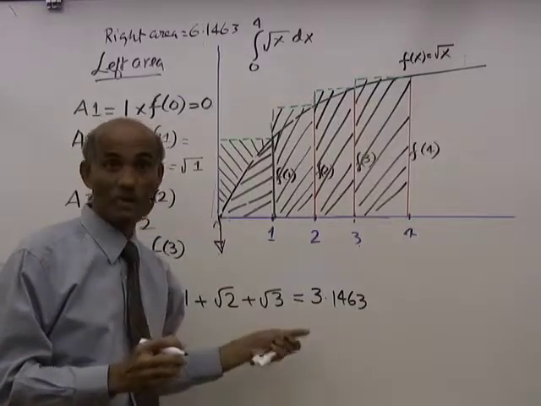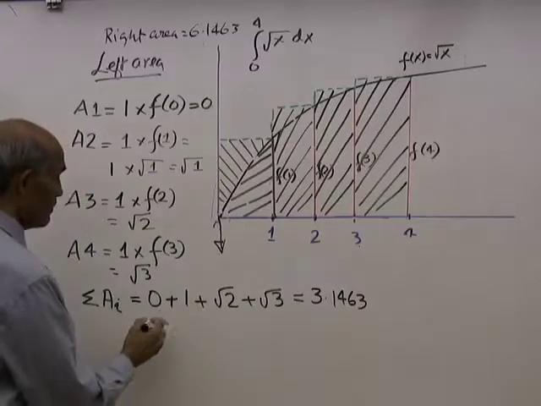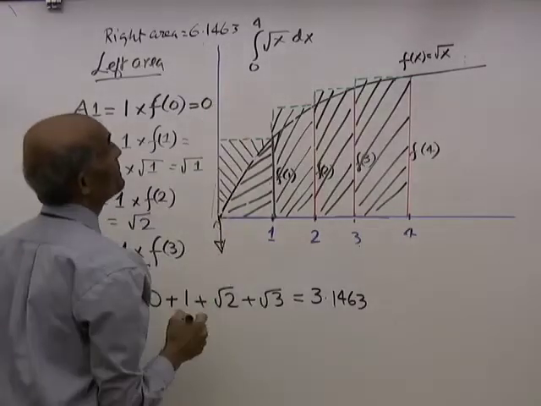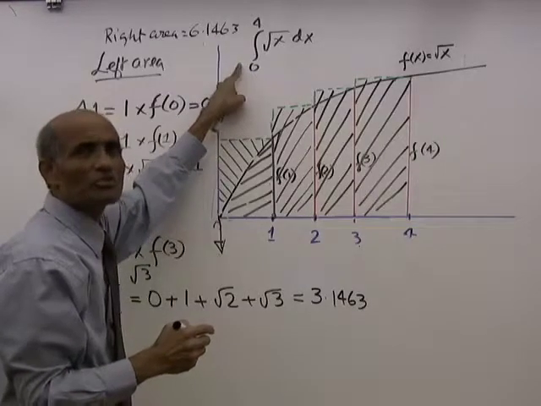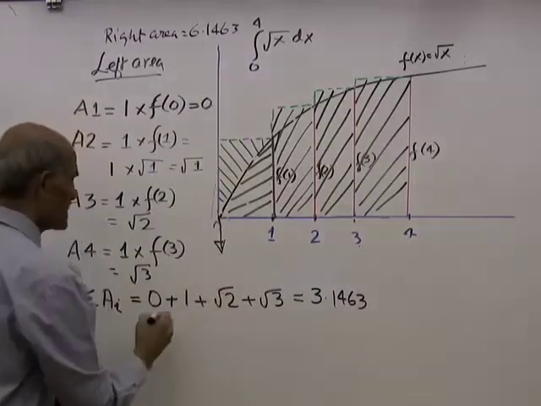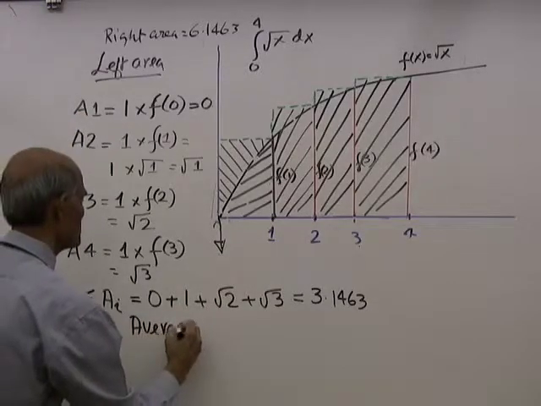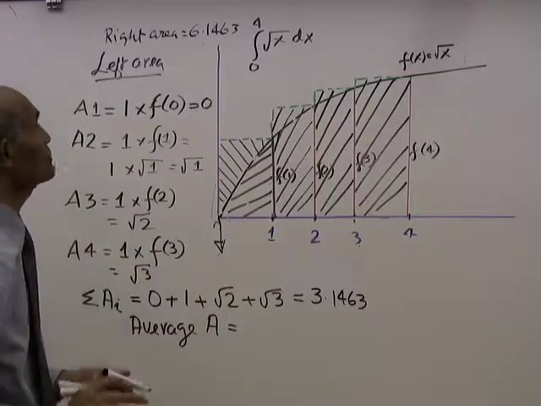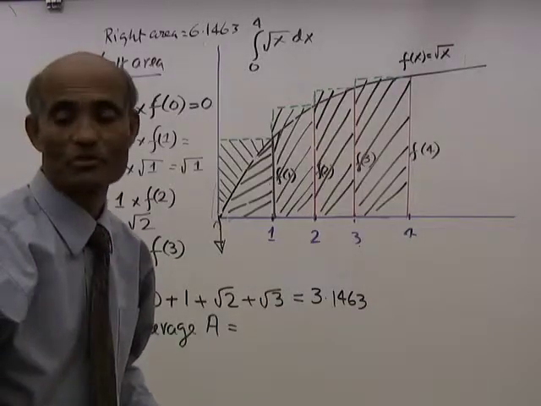So, as a compromise, we will take the average of these two. Therefore, we would say this value is the integral, but at the moment we are not going to use the integration here. We would say the average area is therefore equal to, what's the average of 6.1463 and 3.1463?